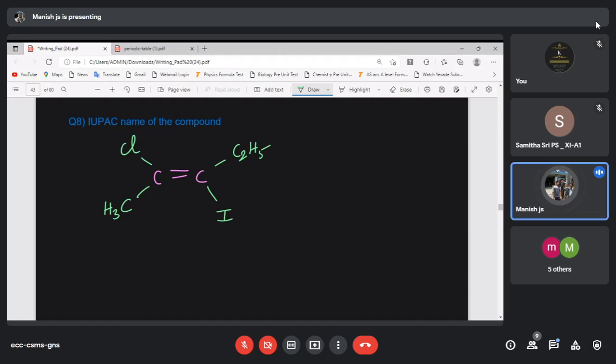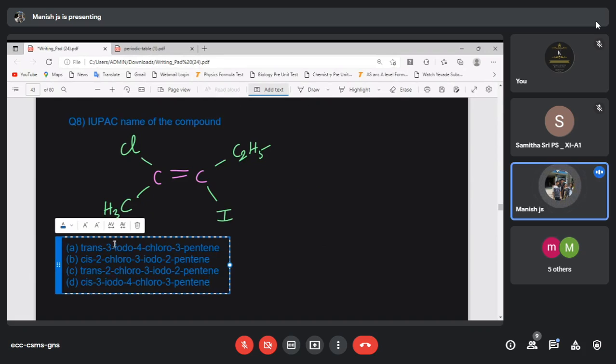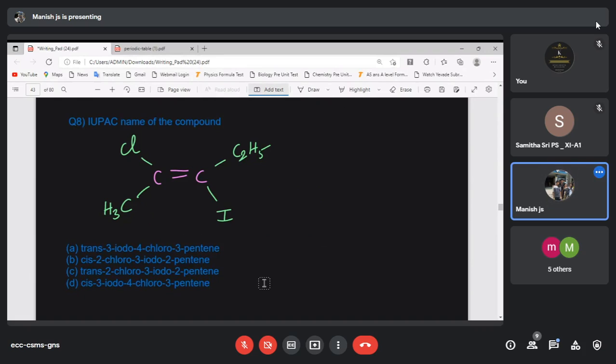And here you have a chlorine. Okay. So options கொடுக்கிறேன் உங்களுக்கு. So இதோட IUPAC name தான் நீங்க கண்டுபிடிக்கணும். So which is the correct option? So these are the options that you have: A, B, C and D. So correct கண்டுபிடிங்க. Give the number accordingly and then find out.